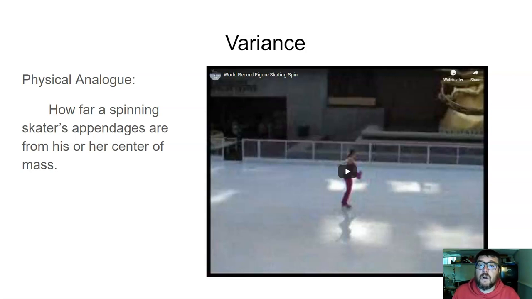If you are spinning around a circle and you stick your arms out, you spin around slower. If you pull them in, you spin around faster. The variance of the distribution of your body mass is actually what is changing there and affecting your spin rate. So that is the physical analog of variance.